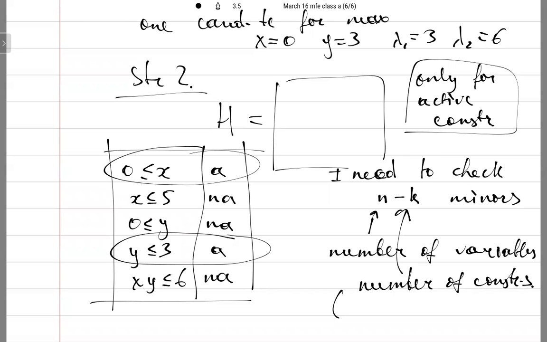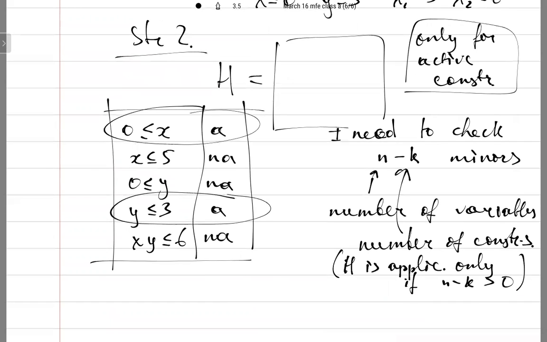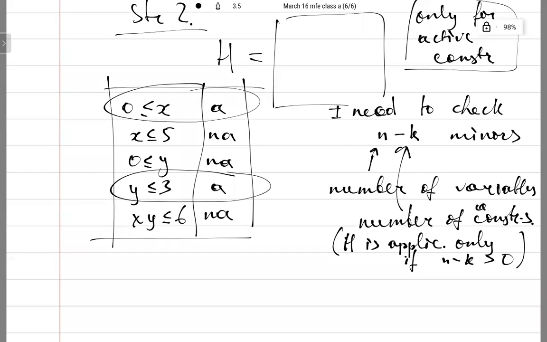This strategy with the Hesse matrix is applicable only if n minus k is strictly greater than 0. In my case, n is 2. I have two variables x and y.